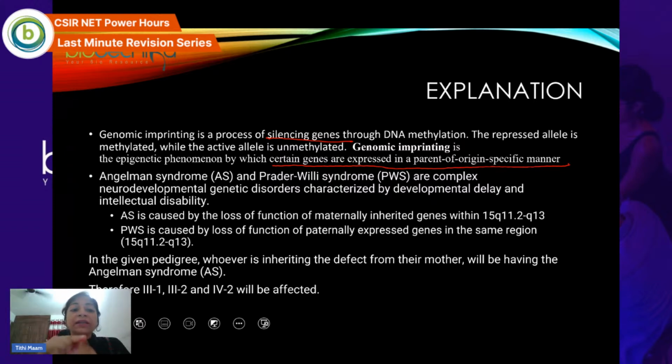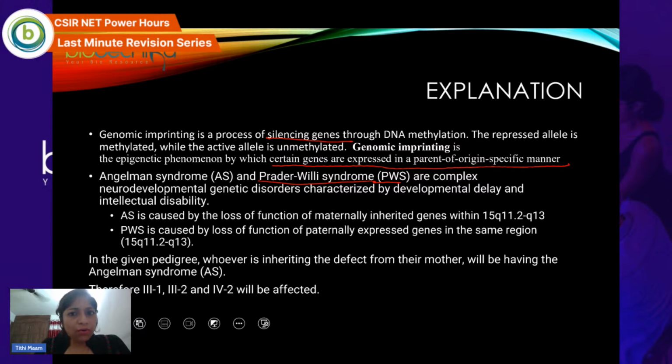All right. Now, this Angelman syndrome happens because of a deletion in chromosome number 15, right? But Angelman syndrome is not the only disorder which happens because of a deletion in this region of chromosome number 15. There is another syndrome called Prader-Willi syndrome, PWS, which also happens because of deletion in the same segment.